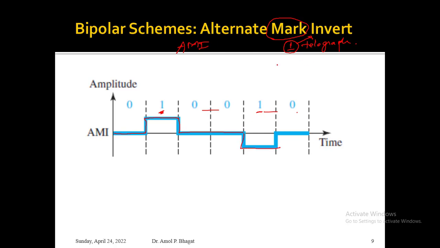So marks are nothing but the 1s. Whenever a 1 occurs, the signal will get inverted. Initially 1 was represented using positive voltage, the next 1 will be represented using negative voltage. If there is again a next 1, it will be represented using positive voltage. Likewise, whenever a 1 occurs, the signal will be inverted. So this is the alternate mark inversion scheme.